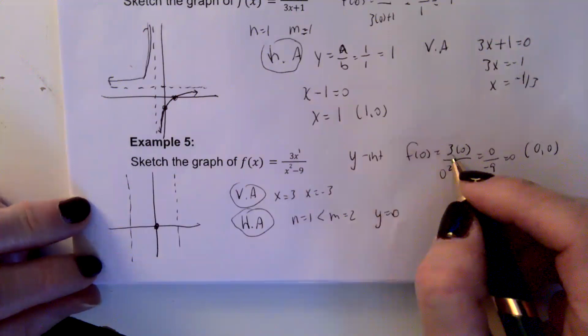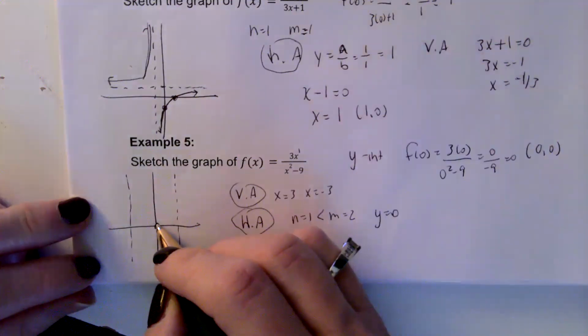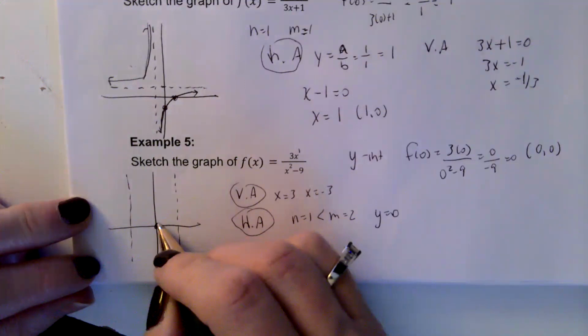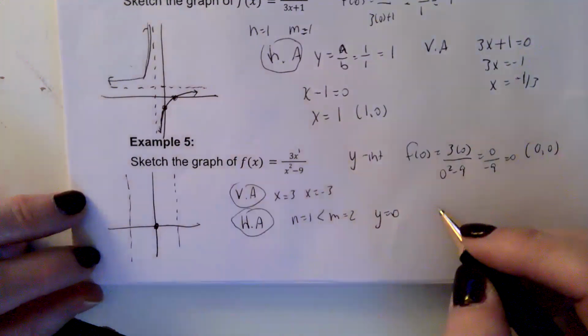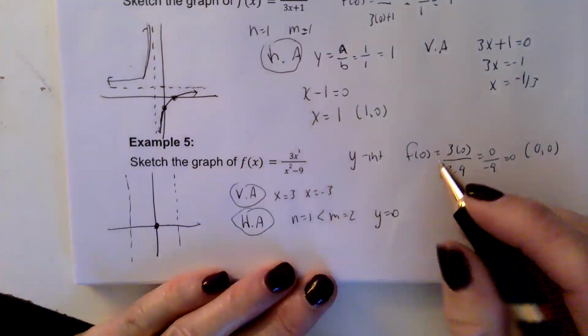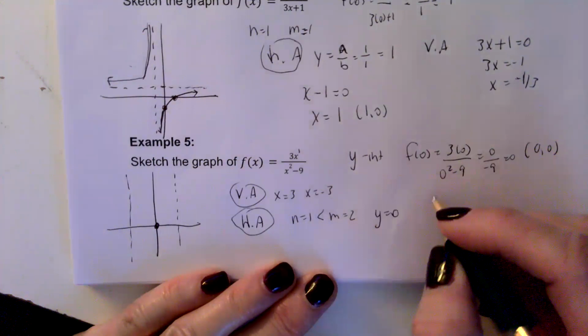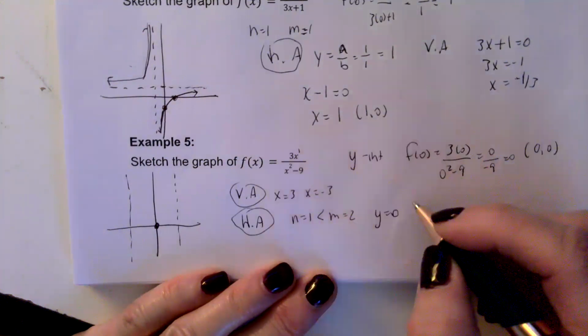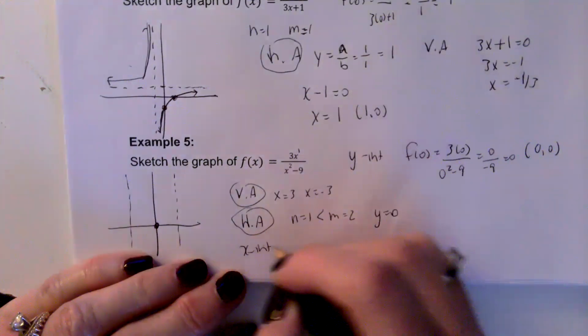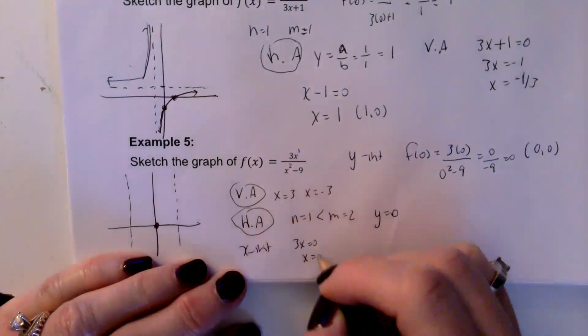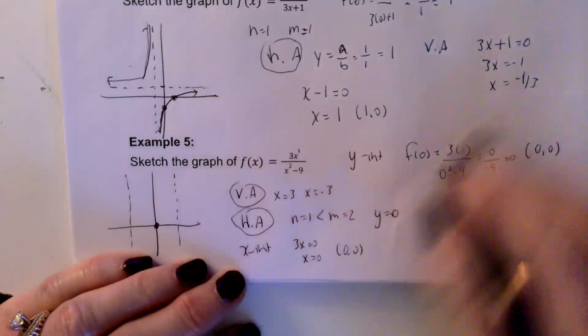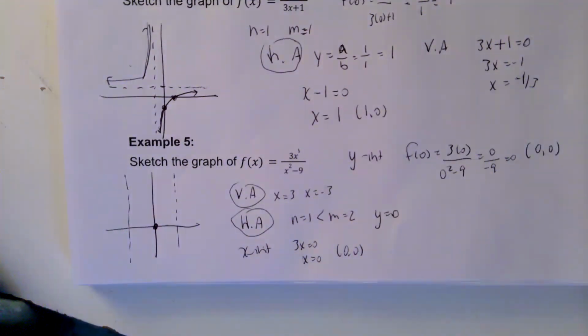Because we have a y-intercept at 0. But it looks like we can't actually equal 0 here. So that is interesting there. Let's see, and then our x-intercept is when the numerator is equal to 0, which is when x is equal to 0. So (0, 0). So let's just go ahead and look at this in the graph in Desmos.